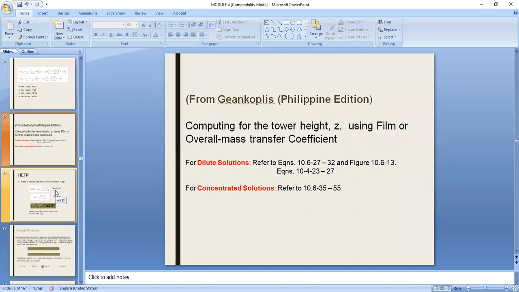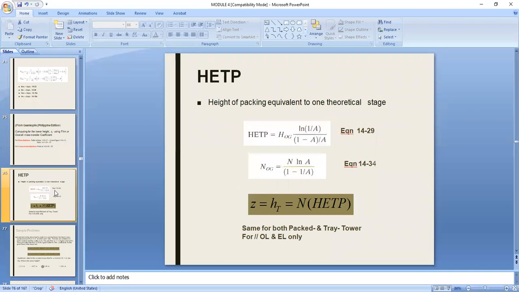Now, the HETP is used for packed towers. HETP is defined as the height of packing equivalent to one theoretical stage. It's the height of the packing material that was used, which is equivalent to one theoretical stage. Now for HETP, in terms of the HOG, if you have already the HOG, then you just need the absorption factor.